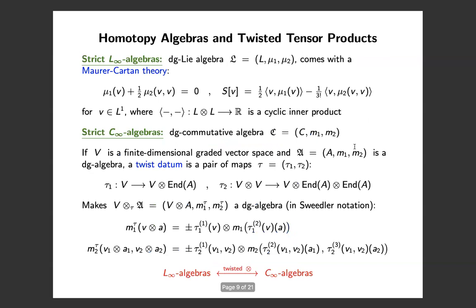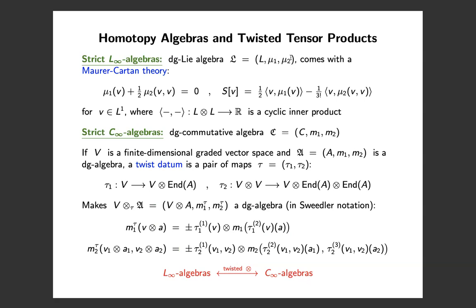So just one quick slide to maybe give a bit of mathematical background here. As I said, a strict L-infinity algebra is just a differential graded Lie algebra. So it's a graded vector space together with some differential. This differential has degree 1, and it squares to 0.